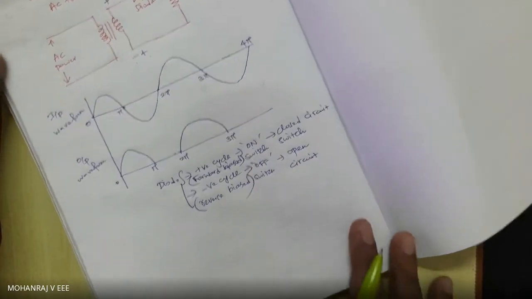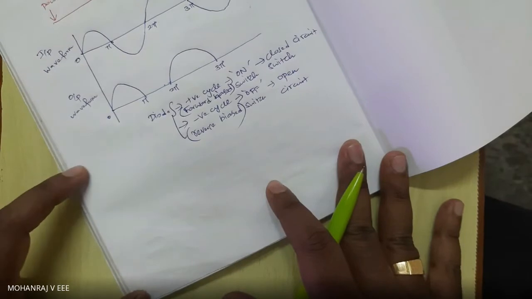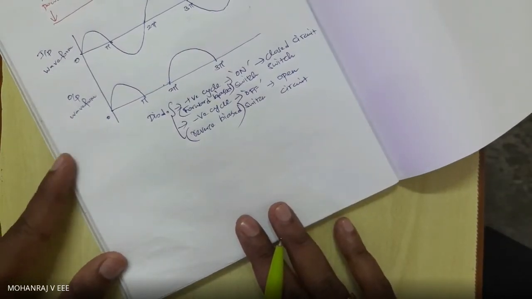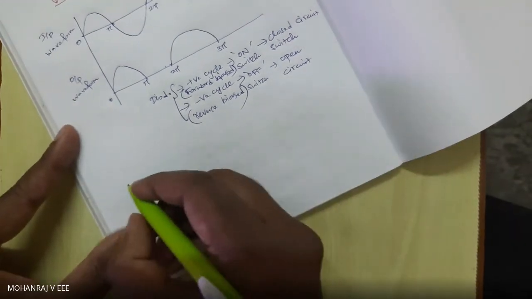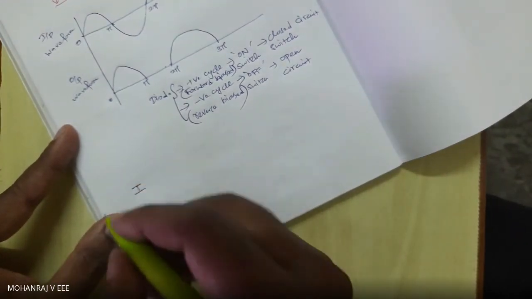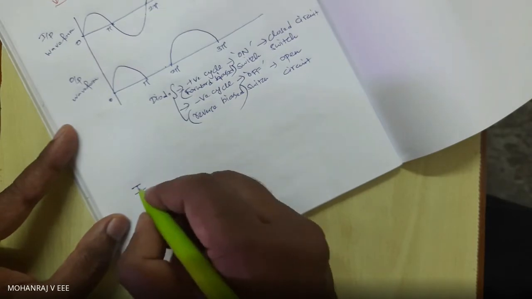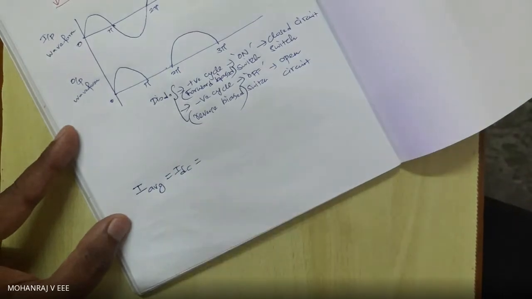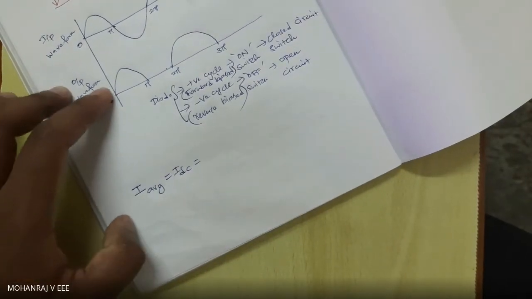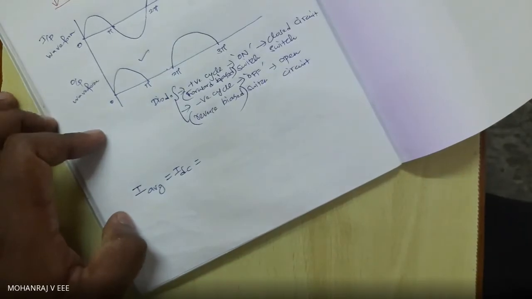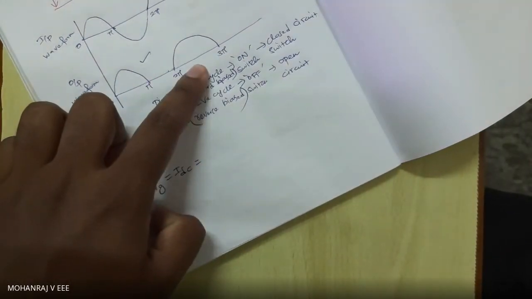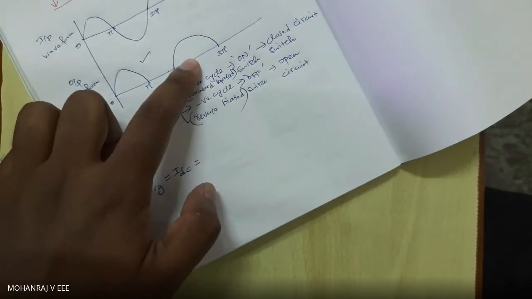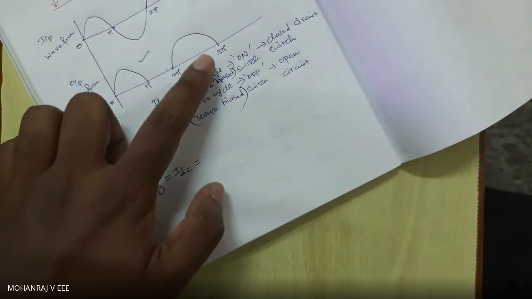Now we have to calculate the average output current. The average current can also be called the DC current. This is the output waveform of my current. Now what is the average of this, or what is the DC component of this?